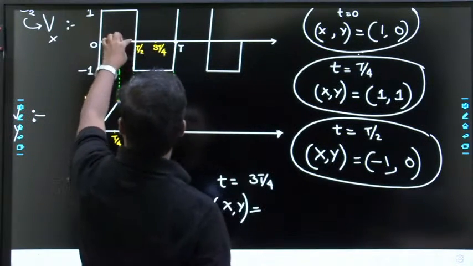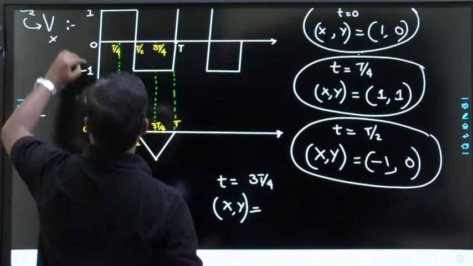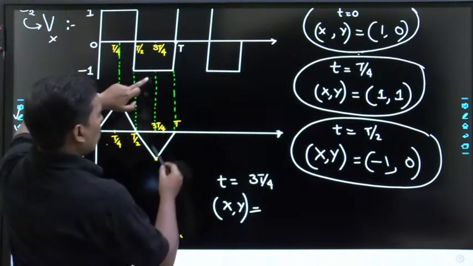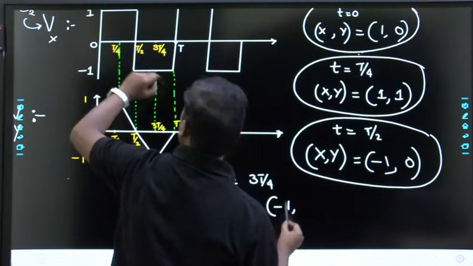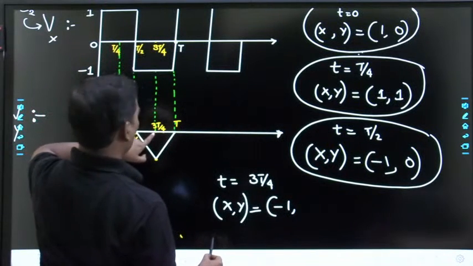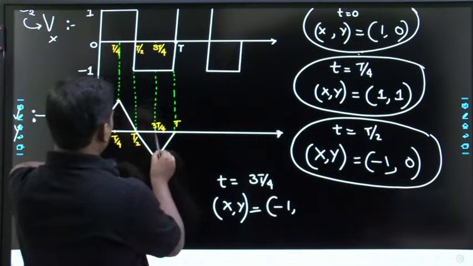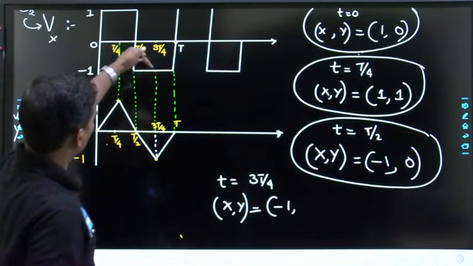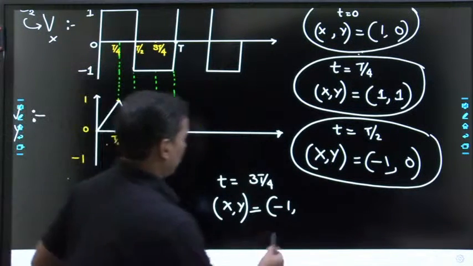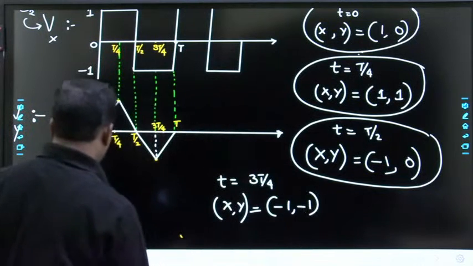At 3t by 4, x is equal to minus 1, y is equal to minus 1, or not? Yes, minus 1. Followed, last step.